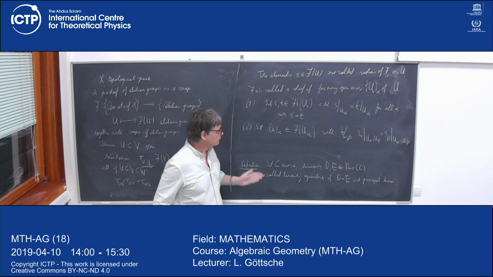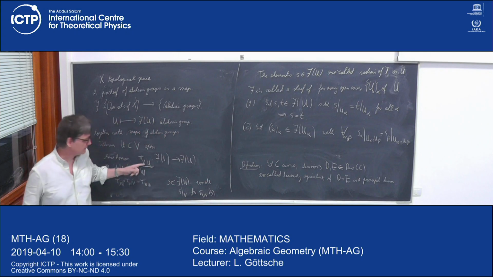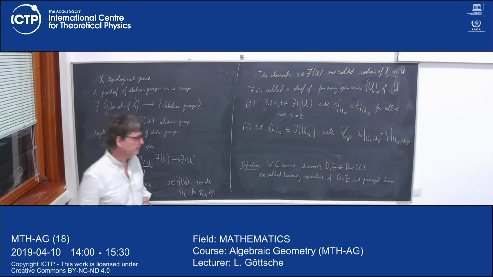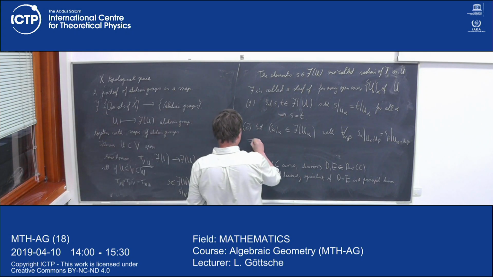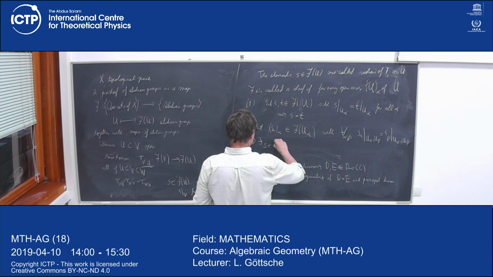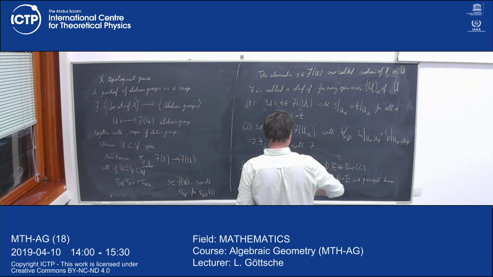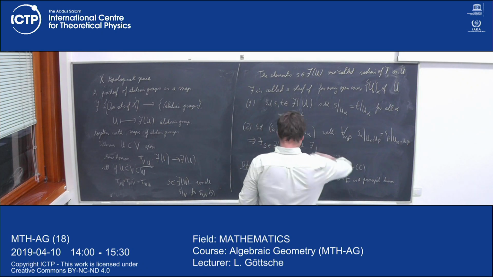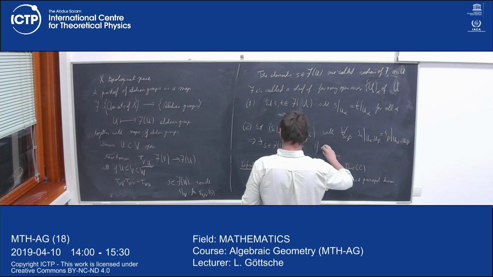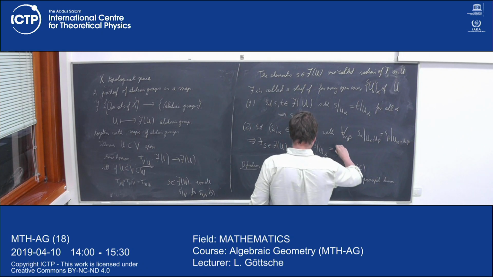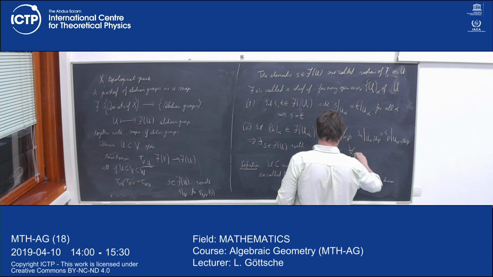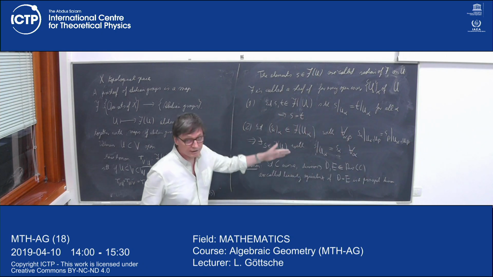If you have that, where restricted always means this homomorphism here, then there exists an element s in F of U with s restricted to U alpha equal to s alpha for all alpha. So I can locally construct sections.